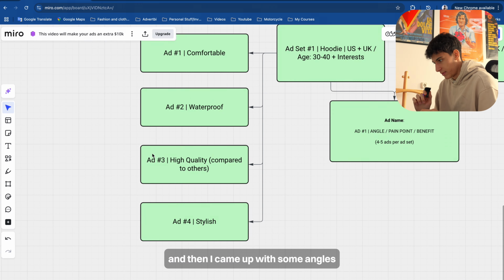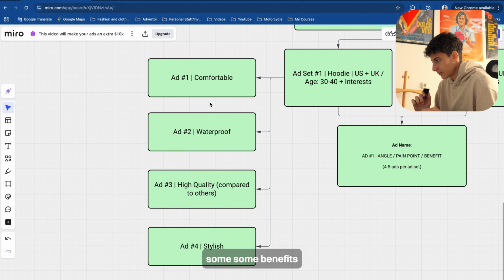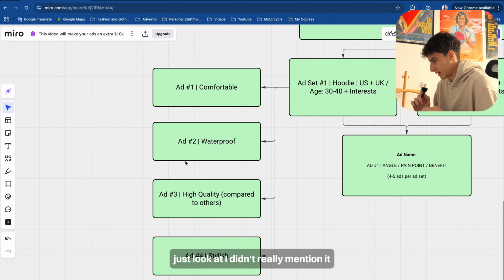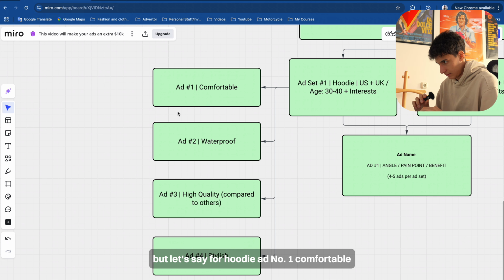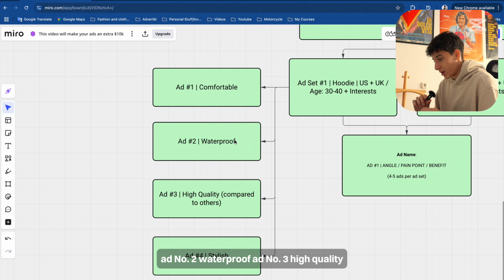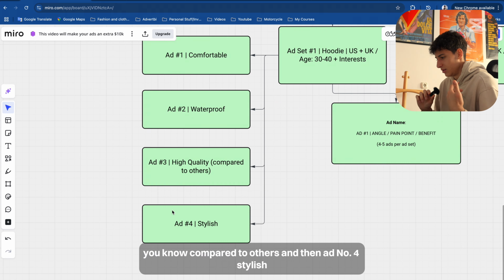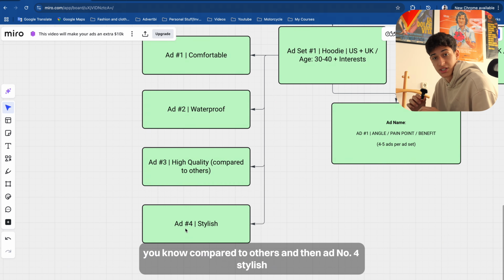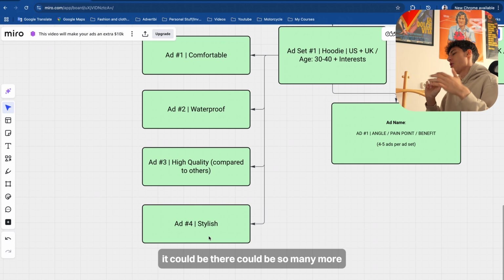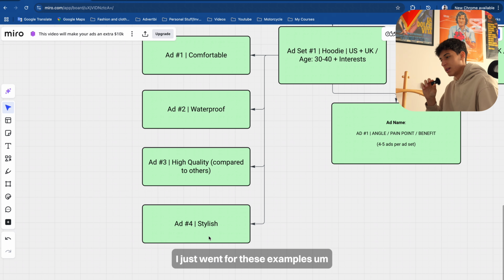And then I came up with some angles, some benefits. I didn't really mention it, but let's say for hoodie, ad number 1, comfortable. Ad number 2, waterproof. Ad number 3, high quality, compared to others. And then ad number 4, stylish. There could be so many more. I just went for these examples.